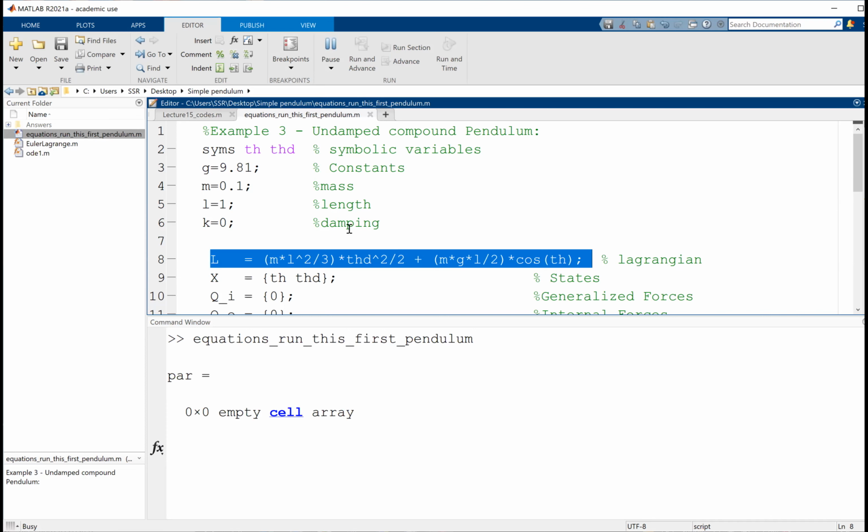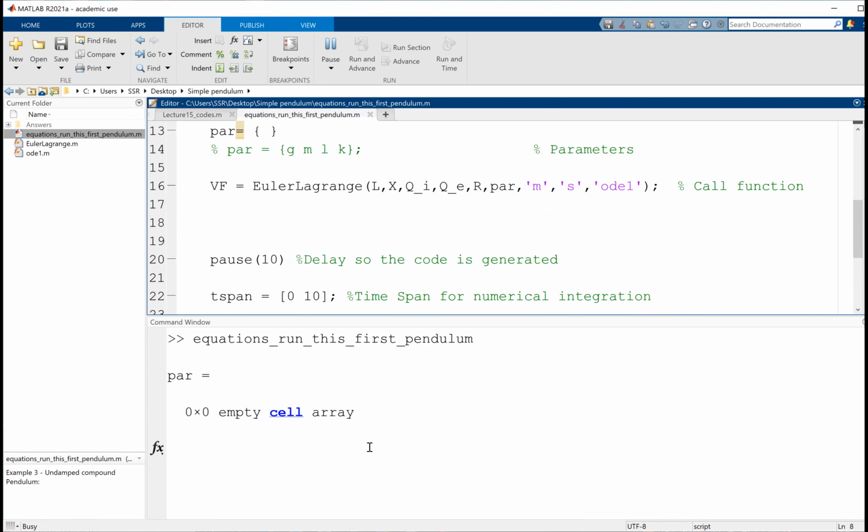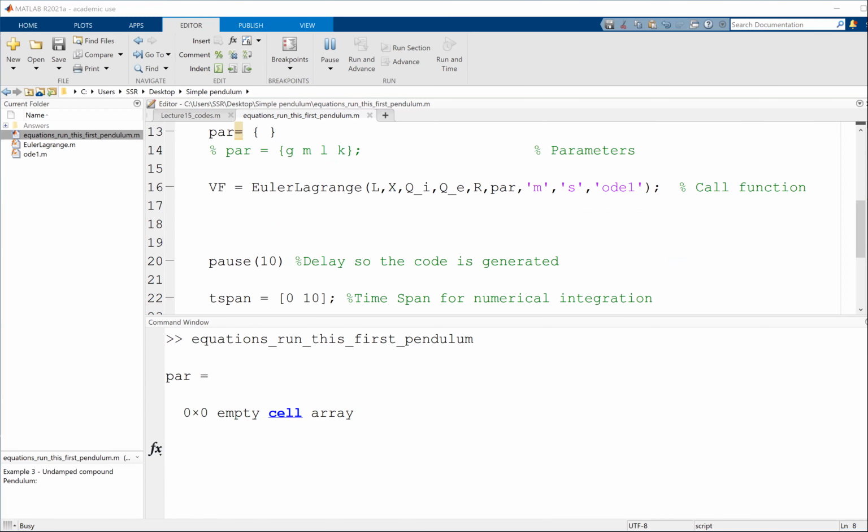MATLAB will take some time, and then it will generate the script ODE1.m. If you go down to MATLAB, you will see all these plots. Let me delete those plots for a second.